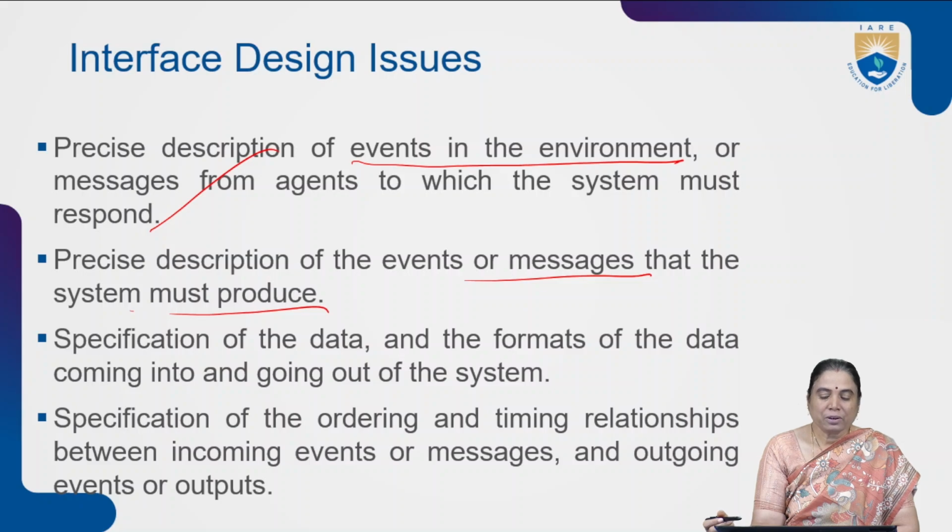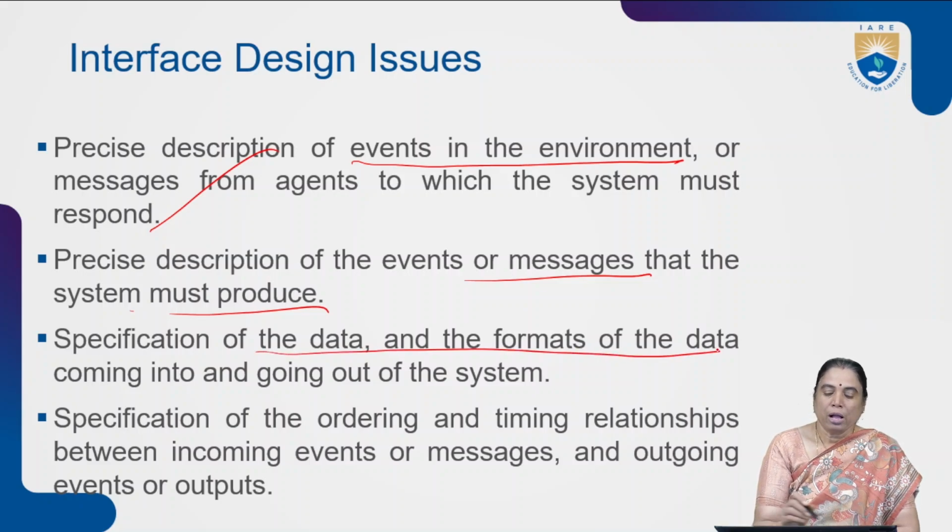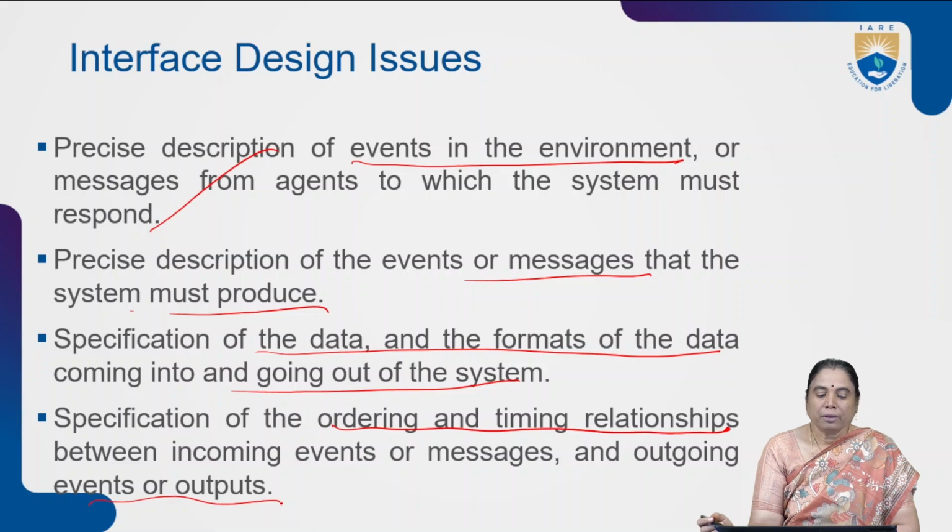So the specification of data, the formats of data coming into and going out of the system, is the focus of interface design. The ordering and timing relationships between incoming events or messages and outgoing events and outputs are clearly specified in the interface design issues.